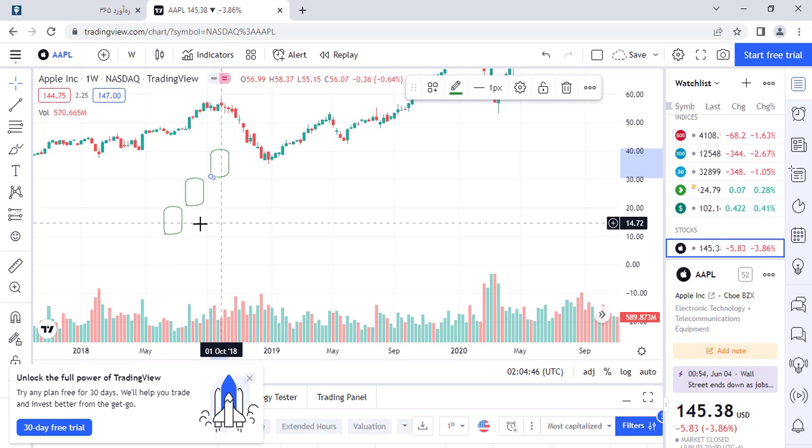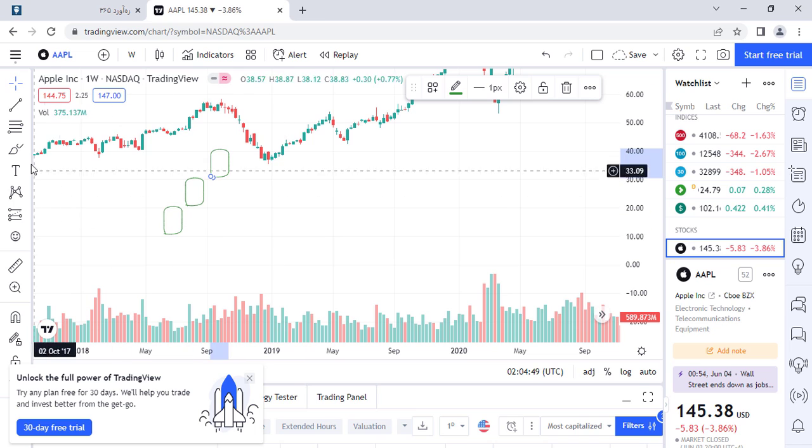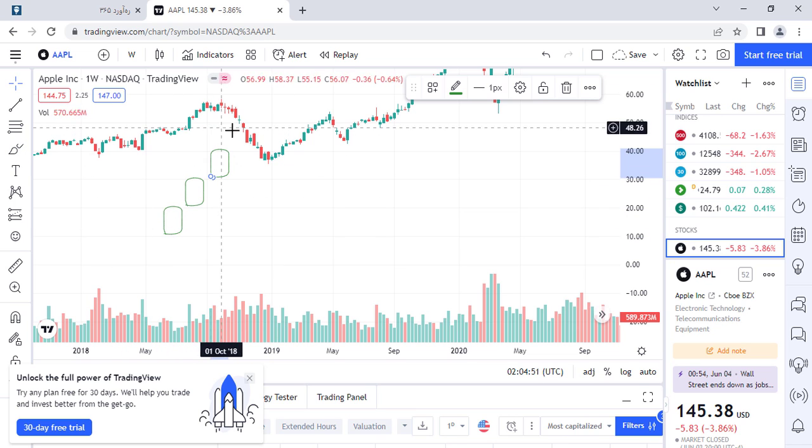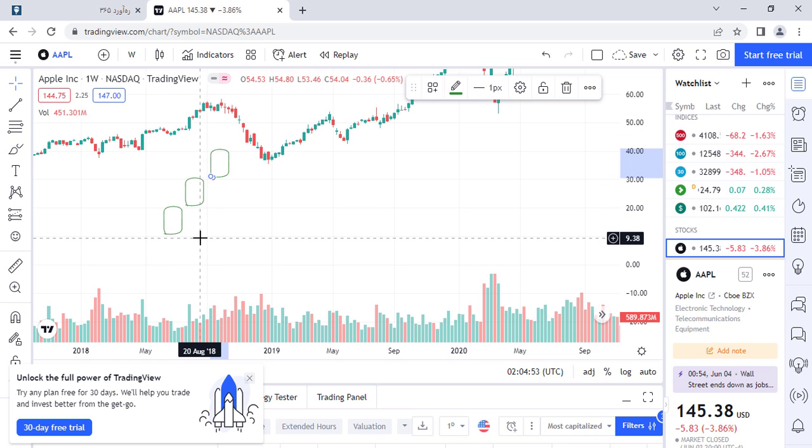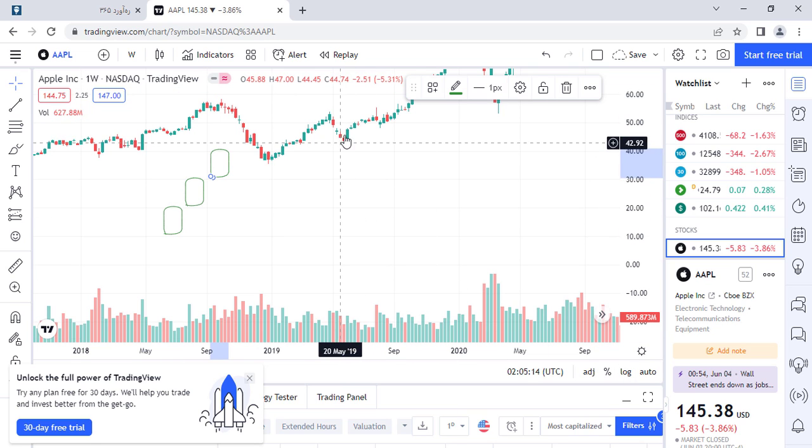But in the logarithmic scale of showing these prices, we can click here to show a logarithmic scale.